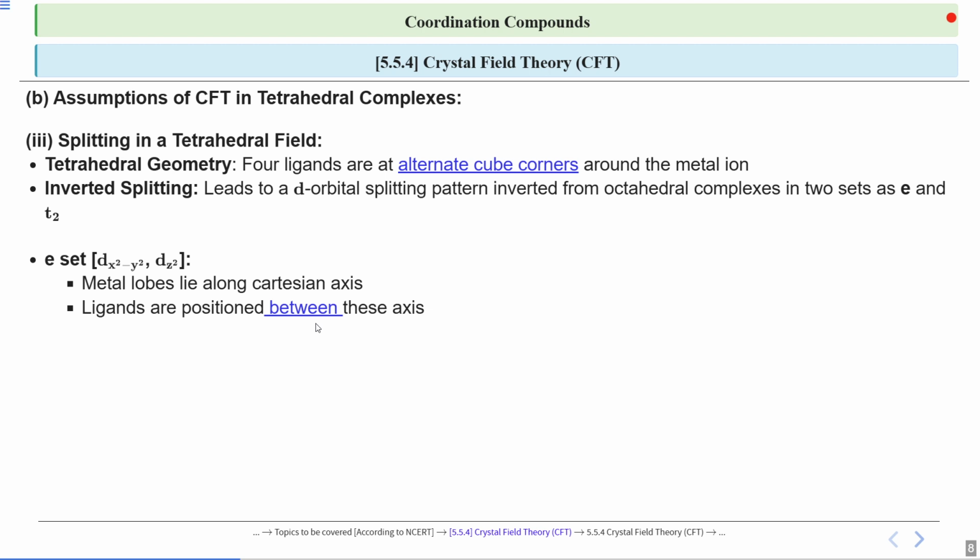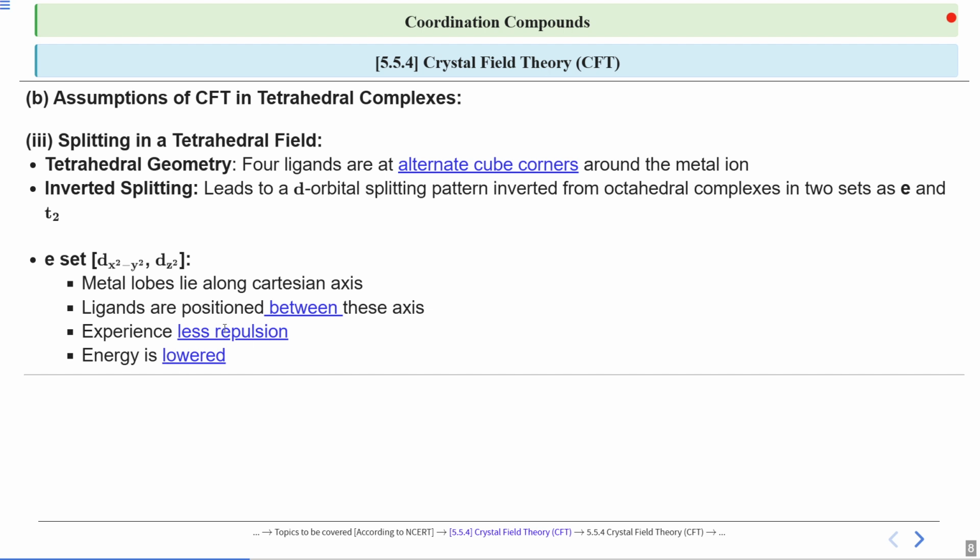Due to this, the repulsion will be lesser, compared to the T2 set. If you placed the ligand and metal lobes along the same axis, there would be more repulsion. Here the metal lobes are along the Cartesian axis and ligands are between those axes, so these orbitals experience comparatively less repulsion.